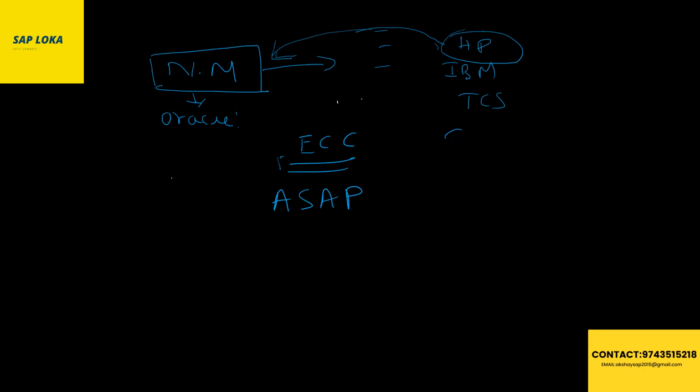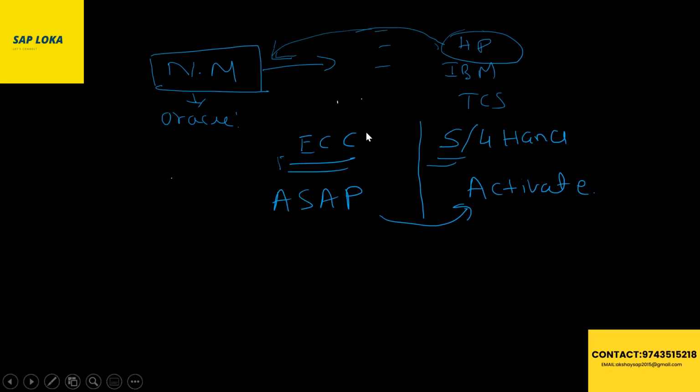In S4HANA, if you want to implement SAP, we will follow the Activate methodology. First we'll see what SAP methodology is, and then why SAP has moved from SAP methodology to Activate methodology. In S4HANA they could follow the same process, right? What they have changed, we'll see.